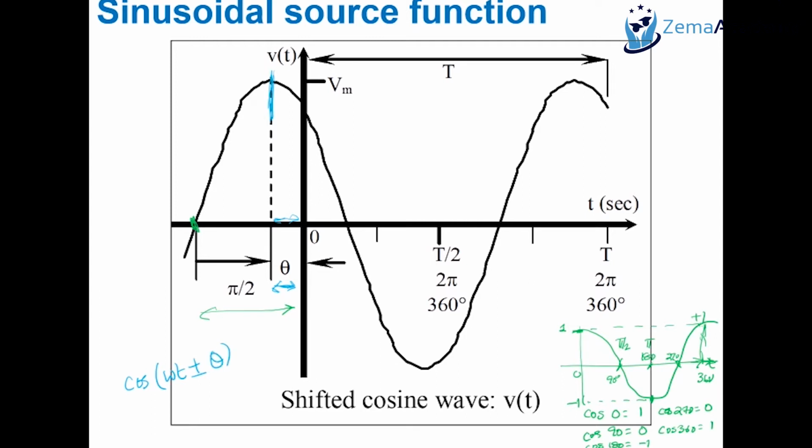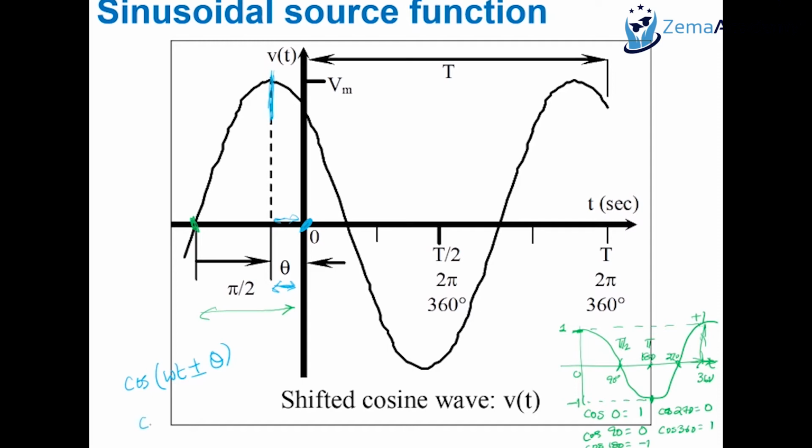I'll tell you in a minute whether it's going to be plus or minus. Okay. So at what point would omega t become 0? Or cosine will go through a 0 when it's equal to theta.